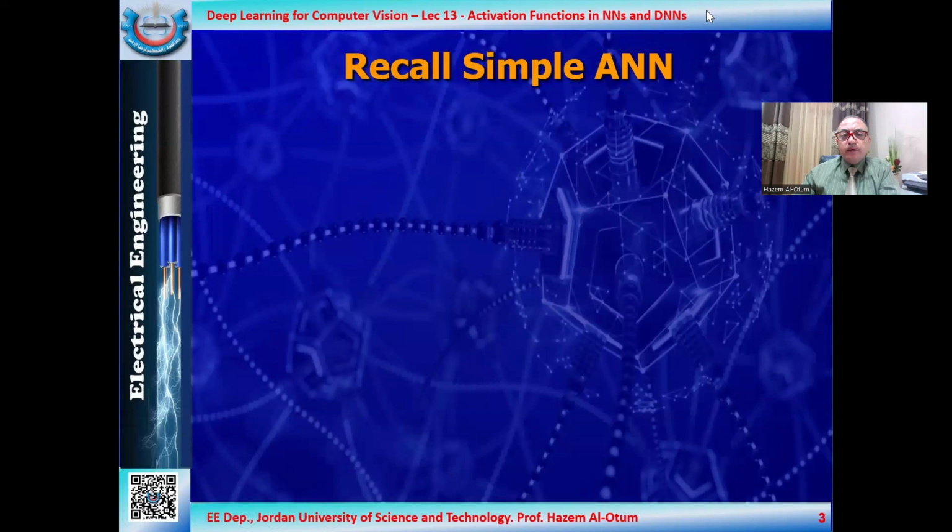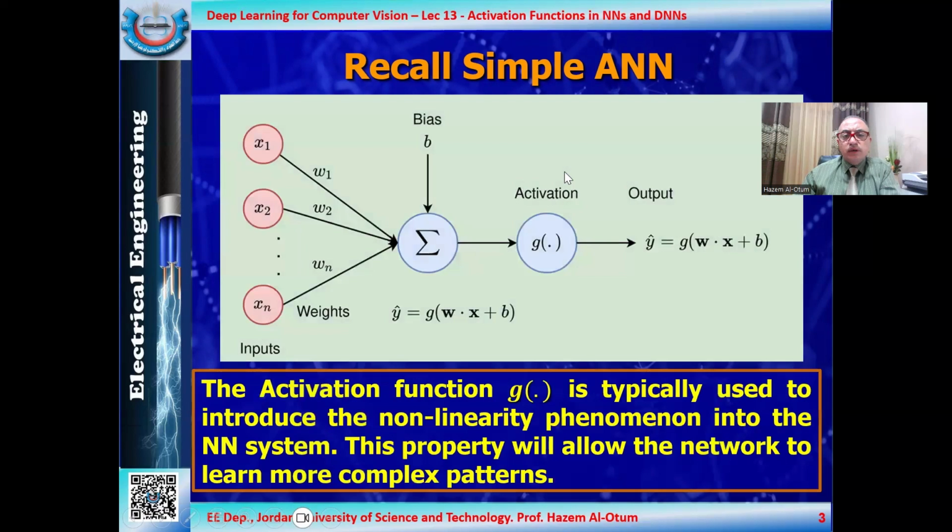Well, here, let's go back to a simple DNN. As you see from this picture on this slide, if we recap what we have learned before, here we have the inputs for a specific DNN. These inputs will be multiplied by proper weights, W1 down to Wn, and a summation will be applied to it, and we add here a bias to the output.